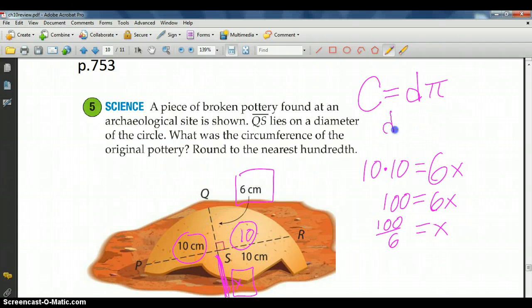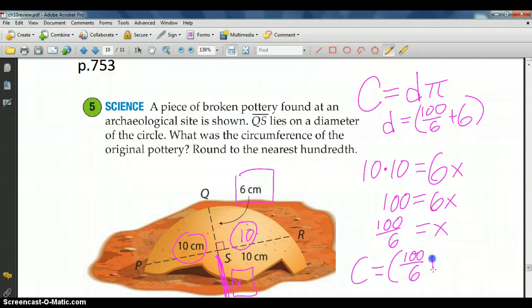So our entire diameter is 100 over 6 plus 6. So to get the circumference, we want to take that times pi. Diameter times pi.